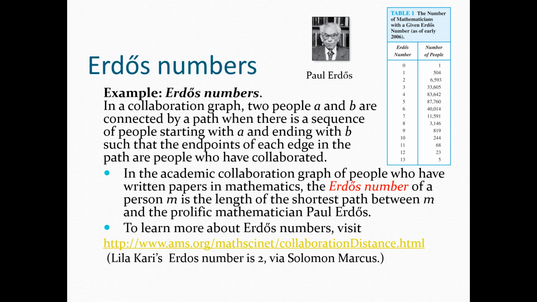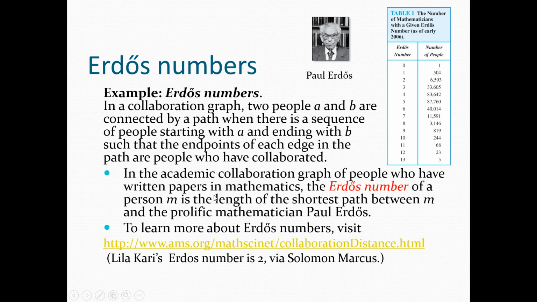So, in the academic collaboration graph of people who have written papers in mathematics, the Erdős number of a person M is the length of the shortest path between M and the prolific mathematician Paul Erdős.